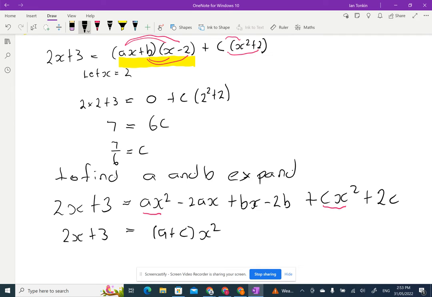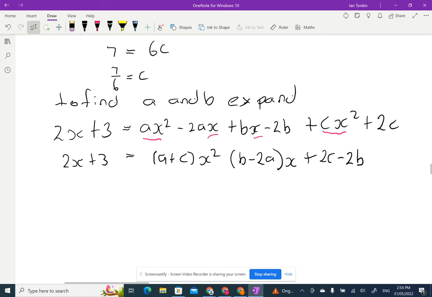Now I'm going to grab all my x's. So there's one here and one here. So I'm going to get b minus 2a, x. And then I've just got my constants at the end, which is 2c minus 2b.